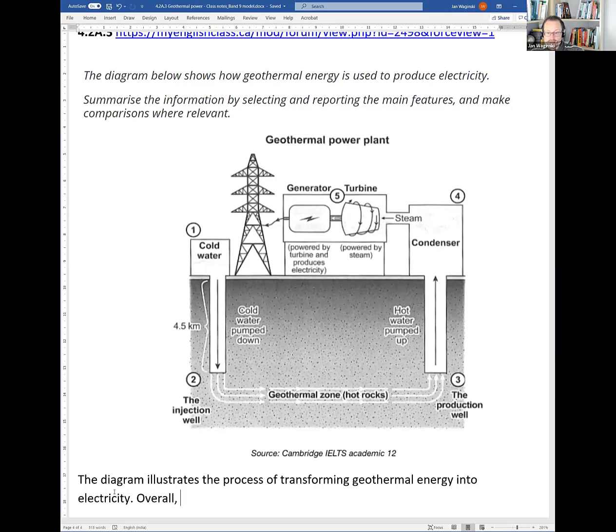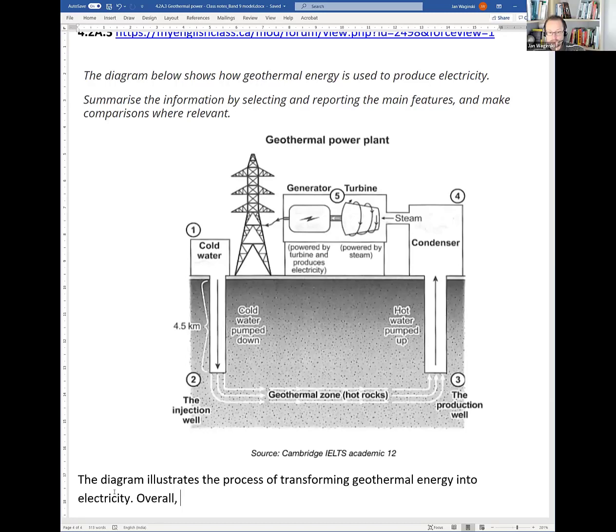It's a fairly straightforward diagram, and yes, there are 5 steps in the process. But we're not going to write 5 body paragraphs. It's a 20-minute task, super short, 150 to 200 words. So if you could just, in a very general way, divide this process up into bigger chunks, how many big steps would there be? Might be 3.